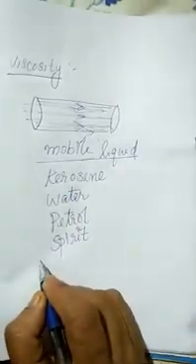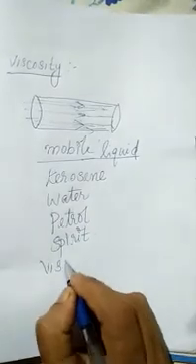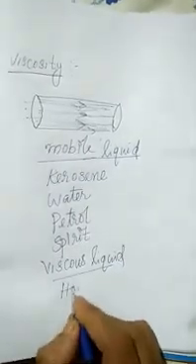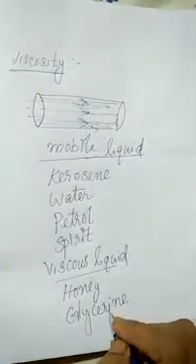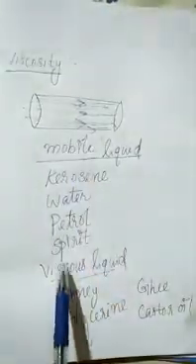And then the liquids which flow very slowly are called viscous liquids. Examples for viscous liquids are honey, glycerin, ghee, castor oil, etc. So liquids are of two types, mobile liquids and viscous liquids.